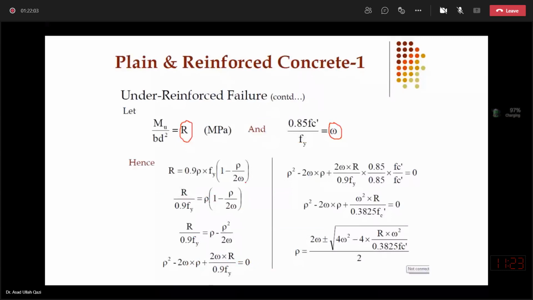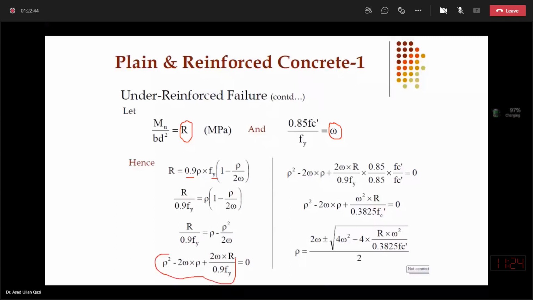Again, I will rearrange, and this Fy and 0.9 I bring as denominator on the left hand side, and the right hand side will be now rho into the term within circular brackets. I will again rearrange until I get a quadratic equation of rho.